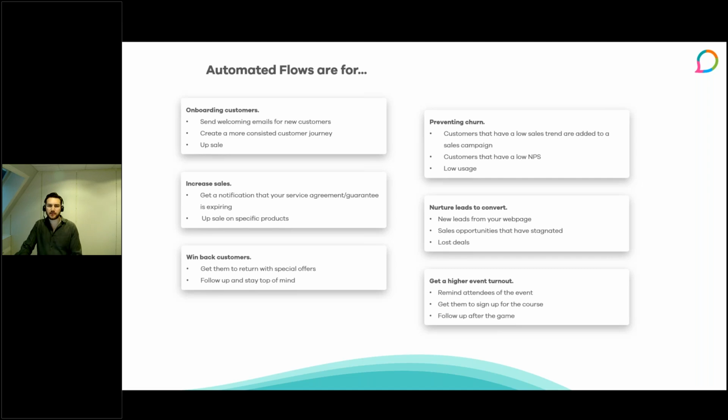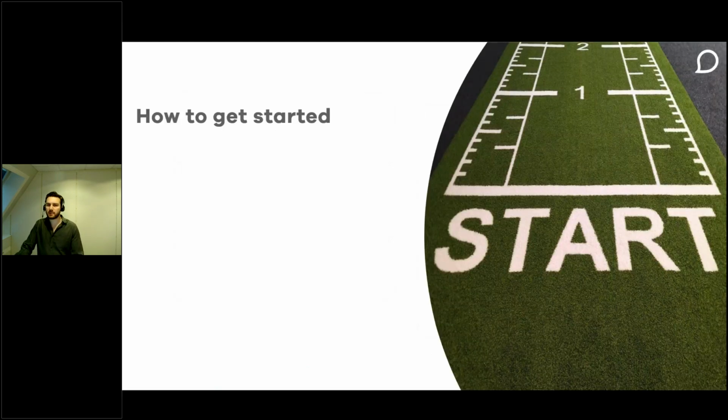But let's take a step back and see, okay, how do we actually get started with automated flows? Because now we spoke of quite a lot of things, and automated flows can be quite big and complex. You saw that the flow tree can become really big really fast.